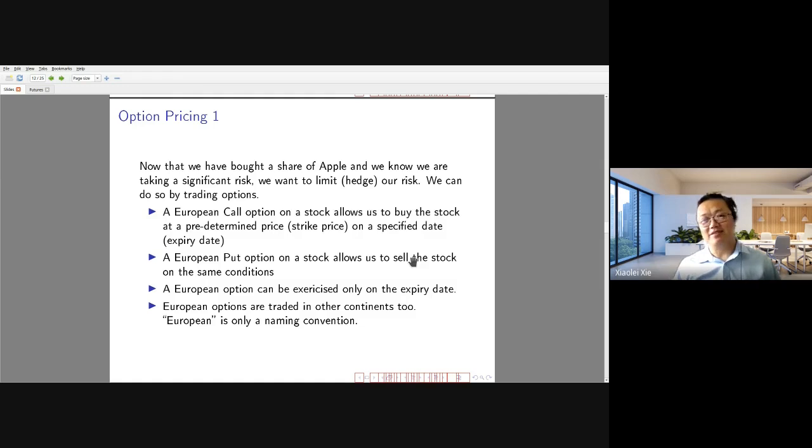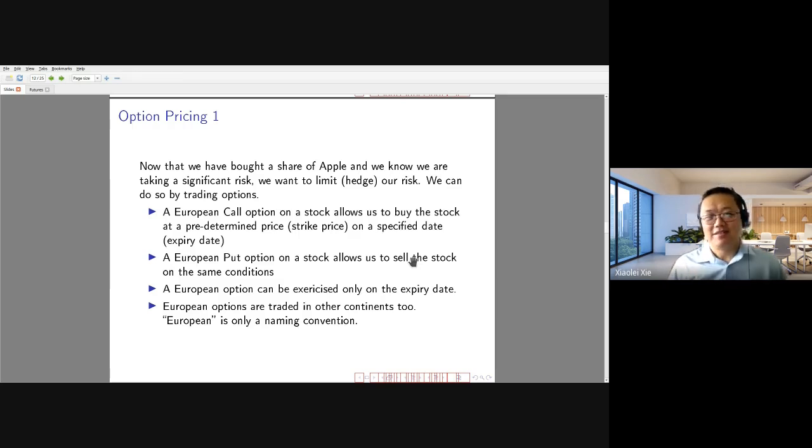But in the end, one year later, the stock price goes up to $110. You don't need the option. In that case, you can simply let the option expire. There's no obligation on you to do anything whatsoever.